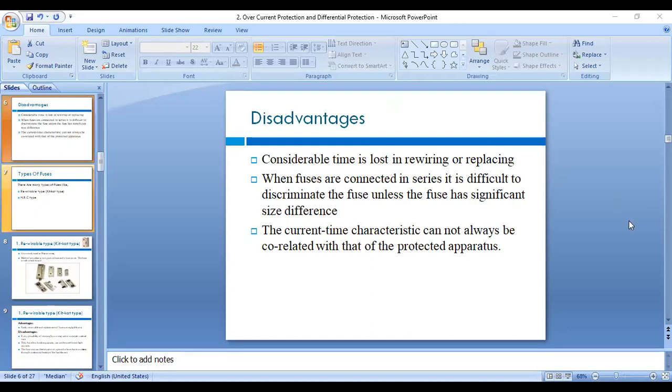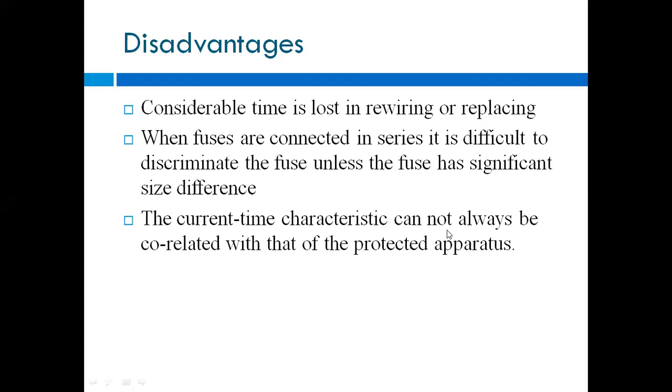Then we have seen the types of fuses. First is the simple, rewirable fuse, which we also call the KitKat fuse. And second is the HRC fuse, that is the high rupturing capacity fuse. In HRC fuses there are again different types, but the syllabus is very vast, and switchgear is very vast compared to the given lectures.